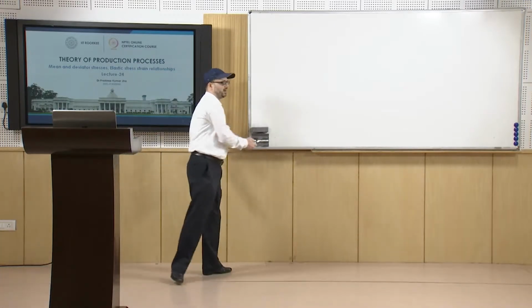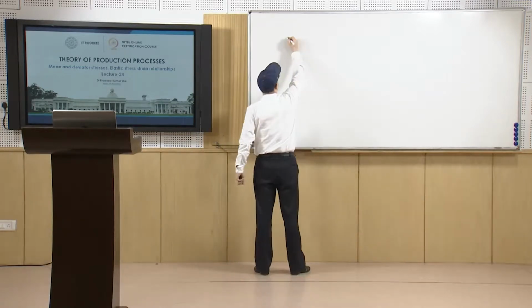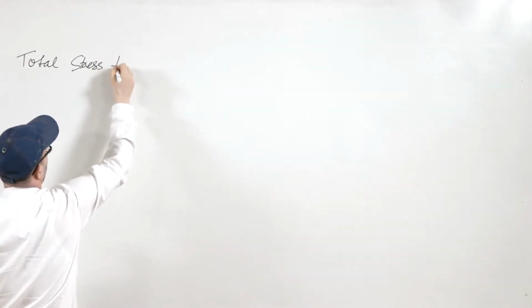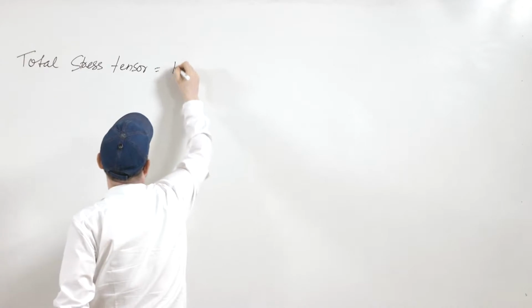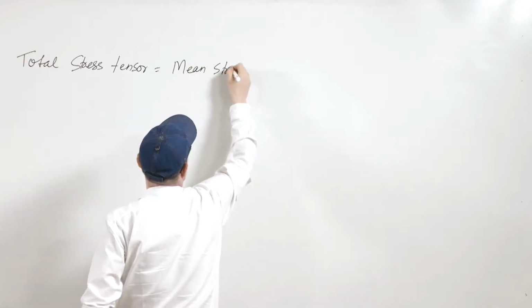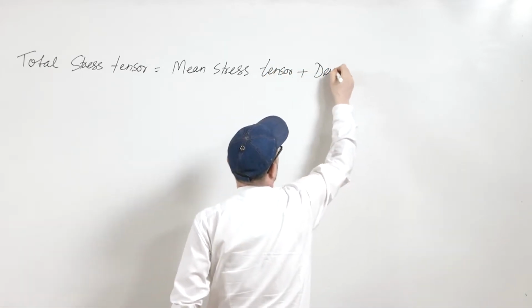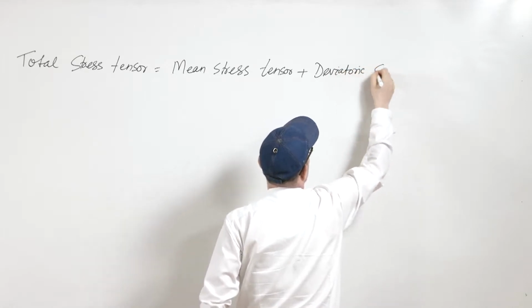What we mean to say is that the total stress tensor is defined as the addition of the mean stress tensor plus the deviatoric stress tensor.